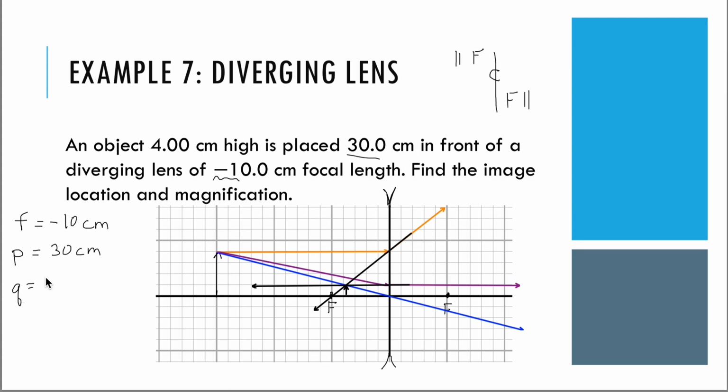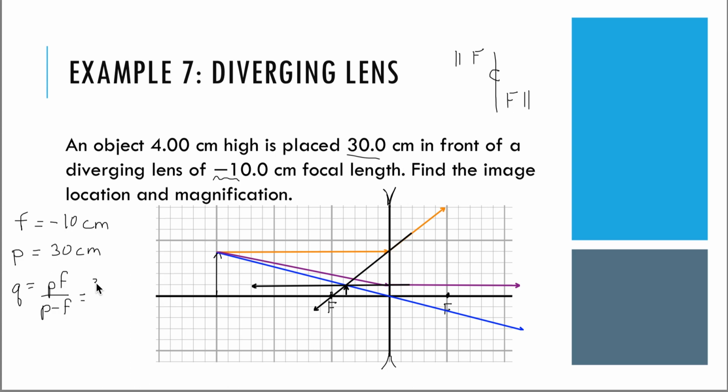When we use the thin lens equation, 1 over p plus 1 over q equals 1 over f, just like in the previous problem, and solve for q, we're going to get p times f divided by p minus f. Be careful with the negatives here.